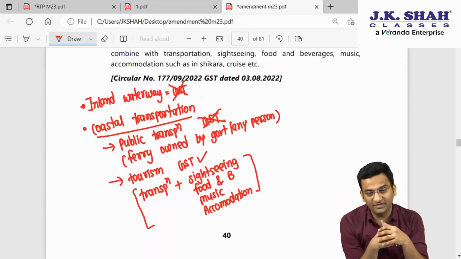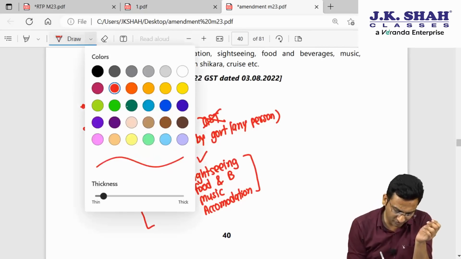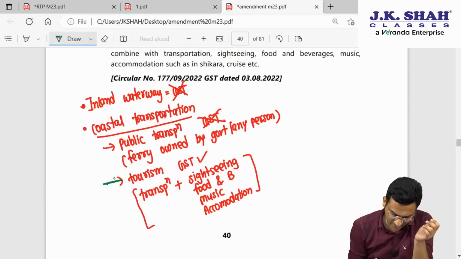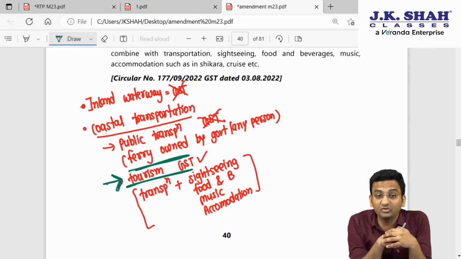I have made a summary of the clarification, friends. Inland waterway we had done in the exemption chapter, it is exempted. In case of coastal transportation, friends, if it is for tourism purpose, then GST is applicable. Then the question arises, what is tourism purpose?